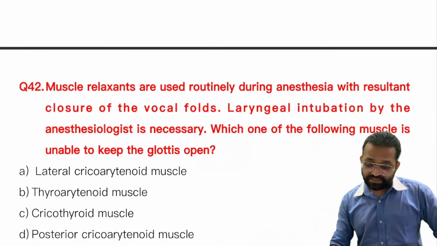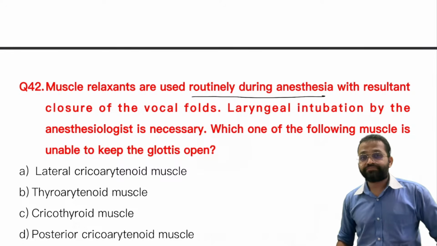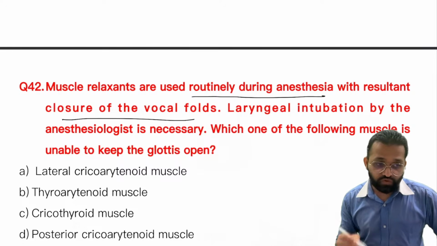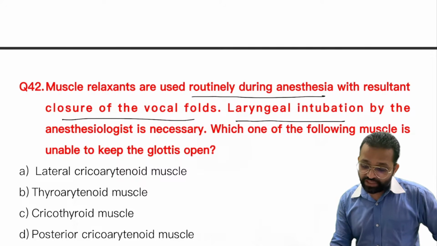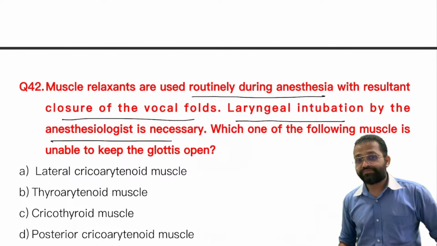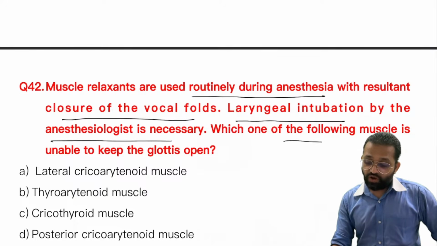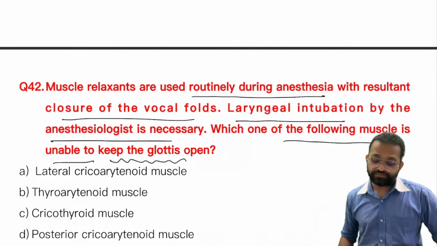Muscle relaxants are used routinely during anesthesia with resultant closure of the vocal fold. Laryngeal intubation by the anesthesiologist is necessary. Which one of the following muscles is unable to keep the glottis open?